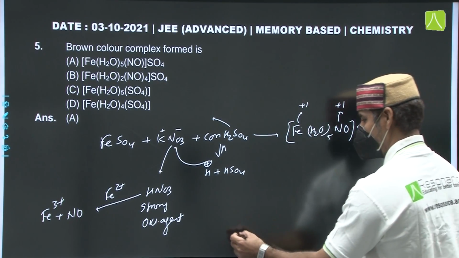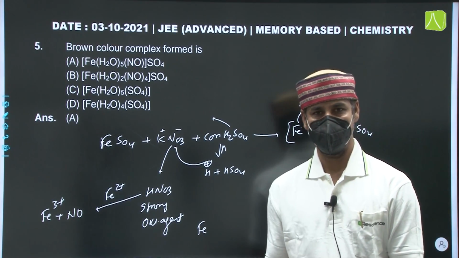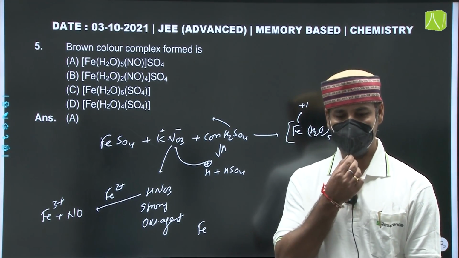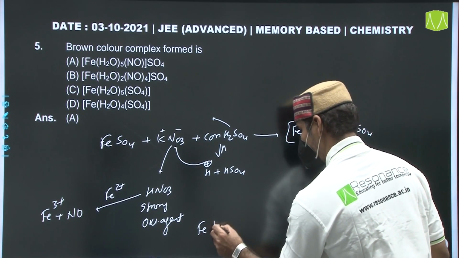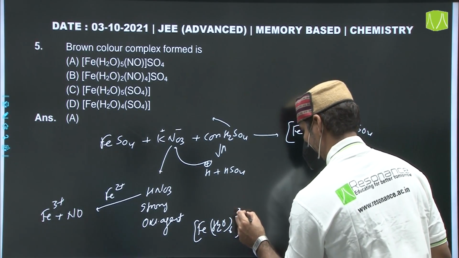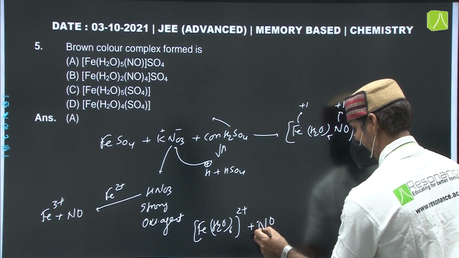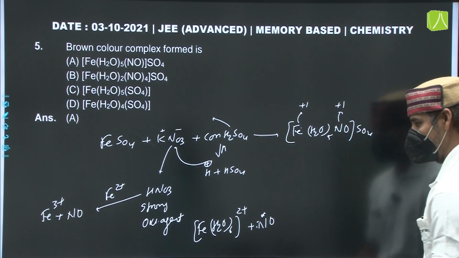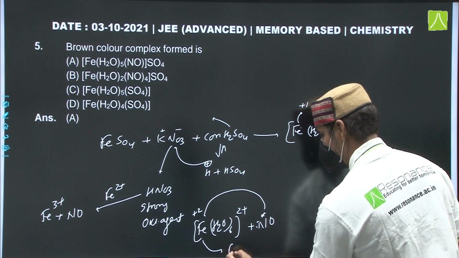Students, as we know, every d-block cation in aqueous solution exists as an aquated ion. Fe2+ will exist in aqueous solution like this, and the NO ligand will first reduce the iron into Fe+1.